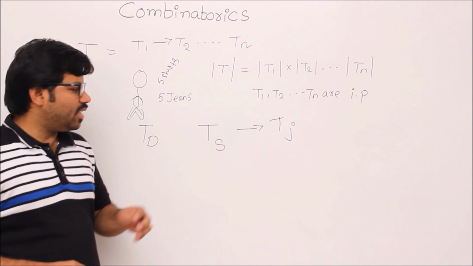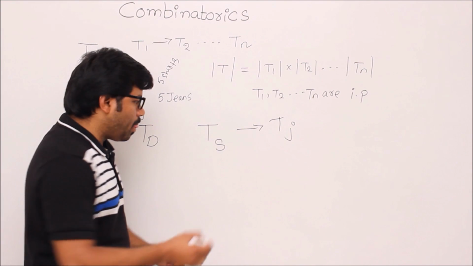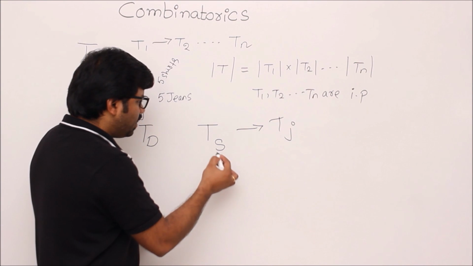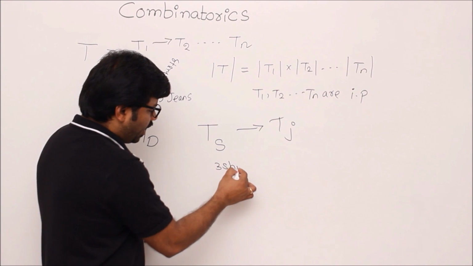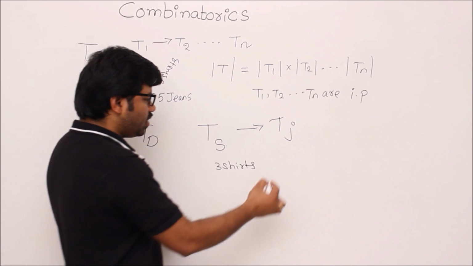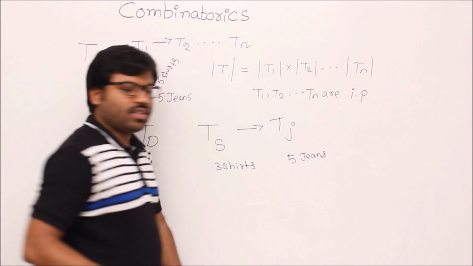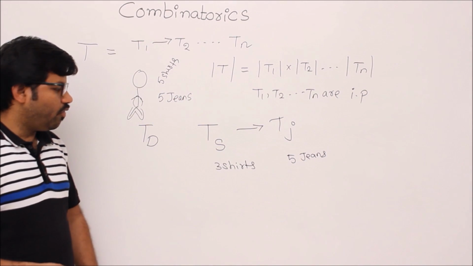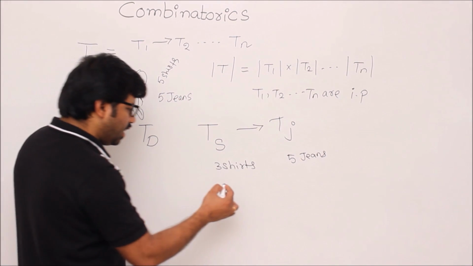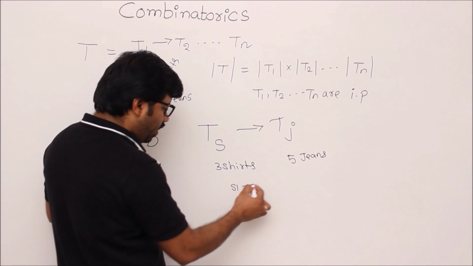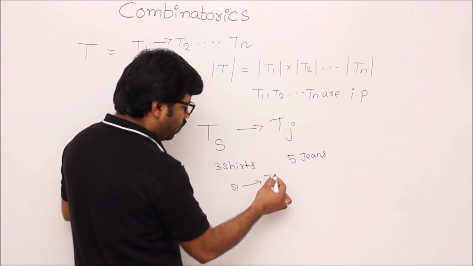So what is independence here? I will tell you with this example. Let's say Raju has 3 shirts and Raju has, let's say, 5 jeans. Now wearing a dress is nothing but choosing a shirt, let's say shirt number 1, followed by choosing a jeans, let's say jeans number 1.